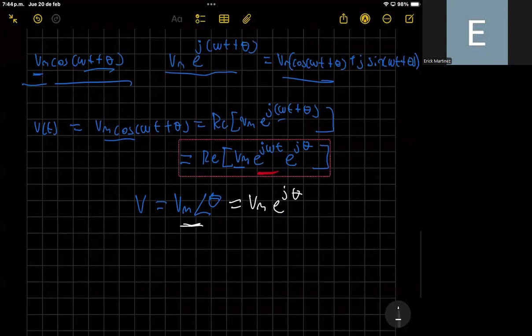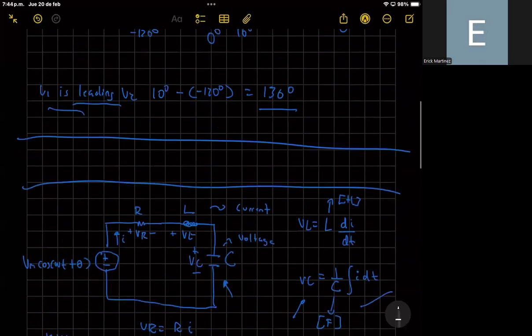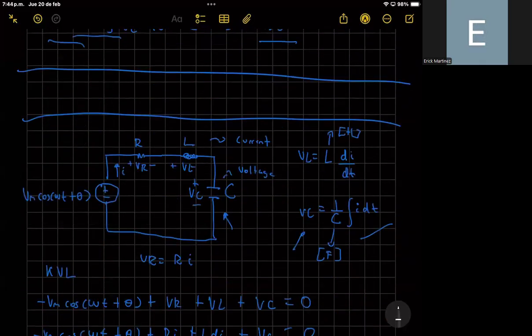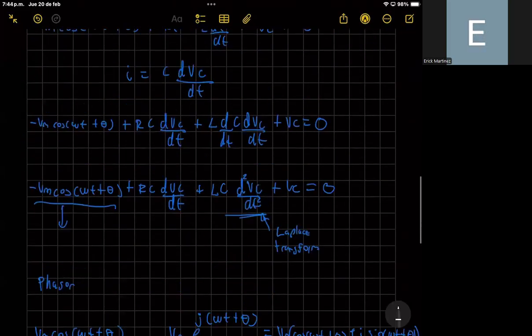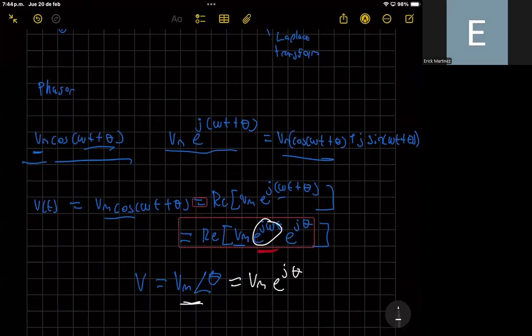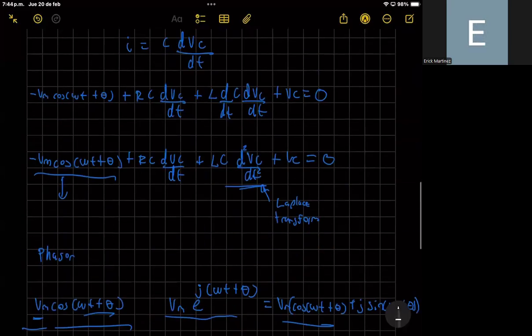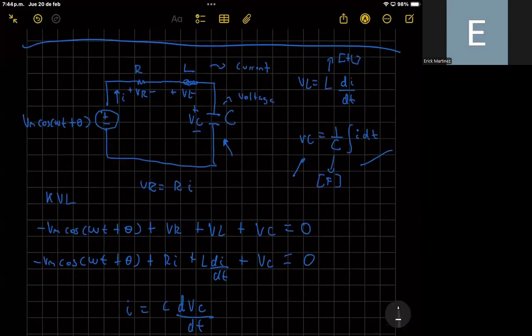But the interesting part is that I can avoid all this term, in particular, because all my elements in my circuit, that is, not only the voltage source, but also the resistor, the inductor, and the capacitor, operate at the same frequency. So I can avoid the use of this term because all my elements will operate at the same frequency.